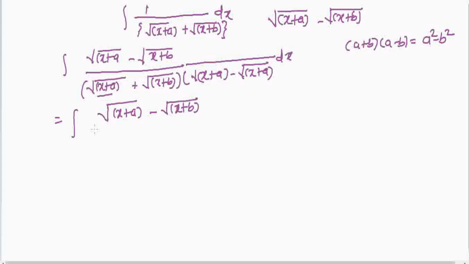This is equal to a square, that means under root of x plus a whole square, so this will be x plus a, and minus under root of x plus b whole square, so minus x plus b, into dx, equal to integration of, x minus x will be cancelled, and we have a minus b in the denominator.